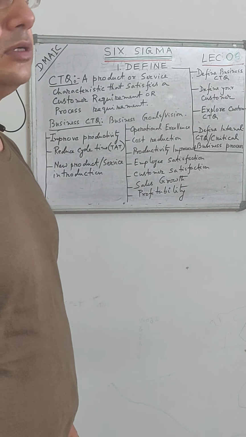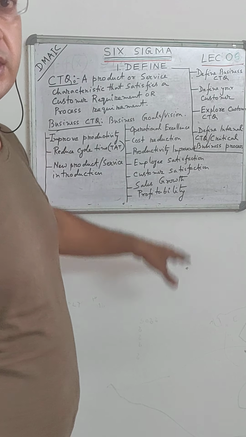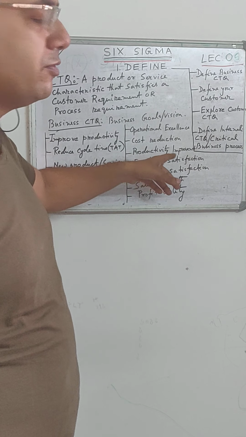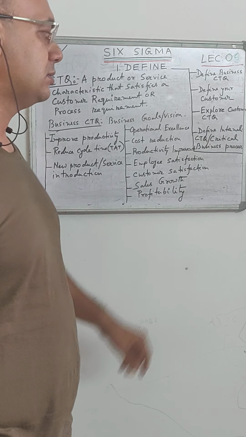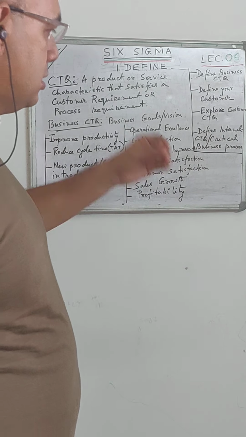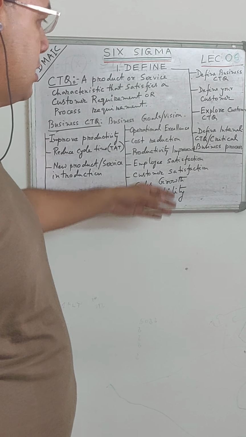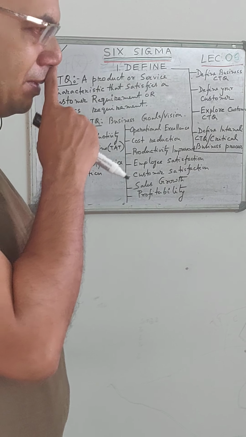There are other issues associated with productivity. If productivity is very low, there are other associated problems. So we need to always strive for highest productivity. Then employee satisfaction. This is not only for HR, but for all our business leaders and managers, whoever is working in our factory or department.